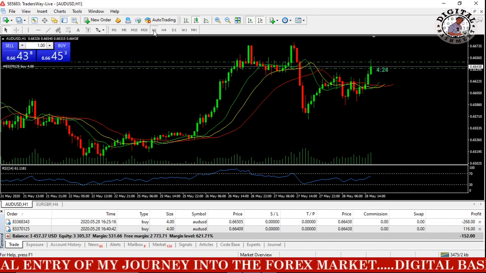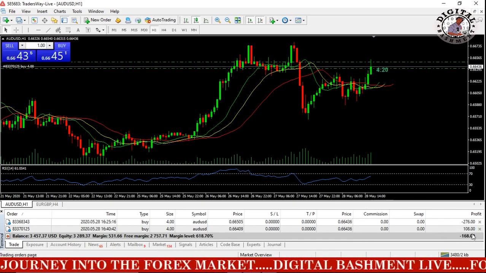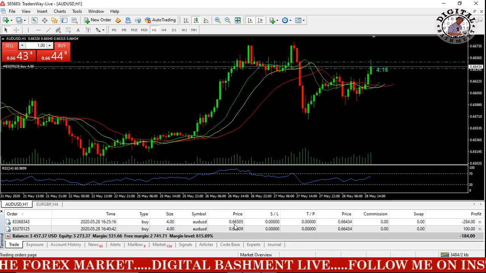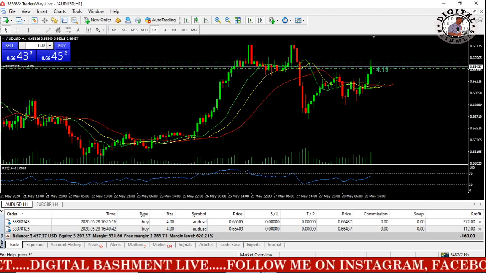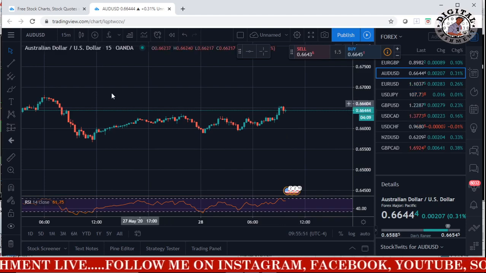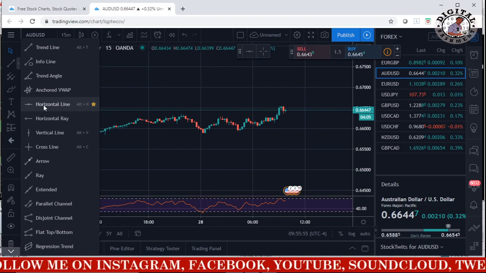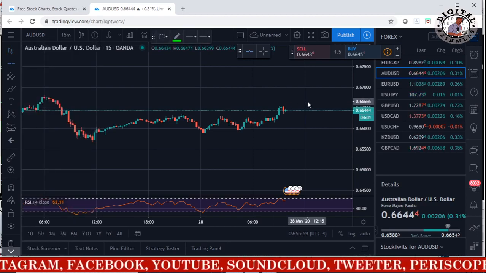Alright, here's what I'm going to do as well so that I don't keep focusing on this here. What is this price? 66,505. I'm going to go back to TradingView and draw a horizontal line at 66,505.